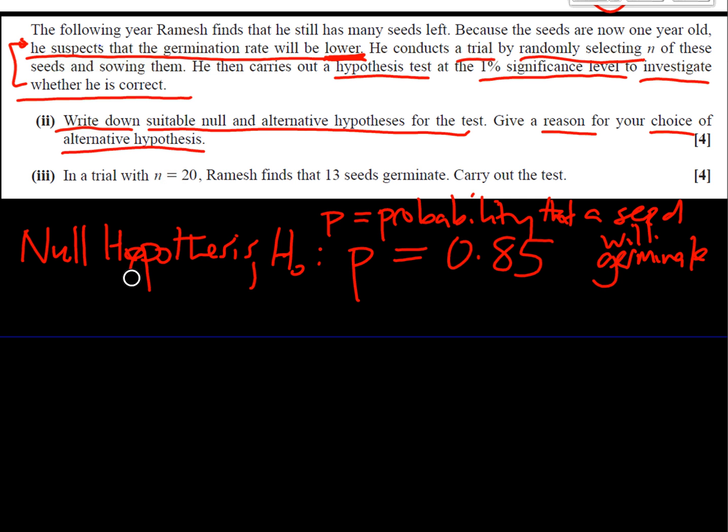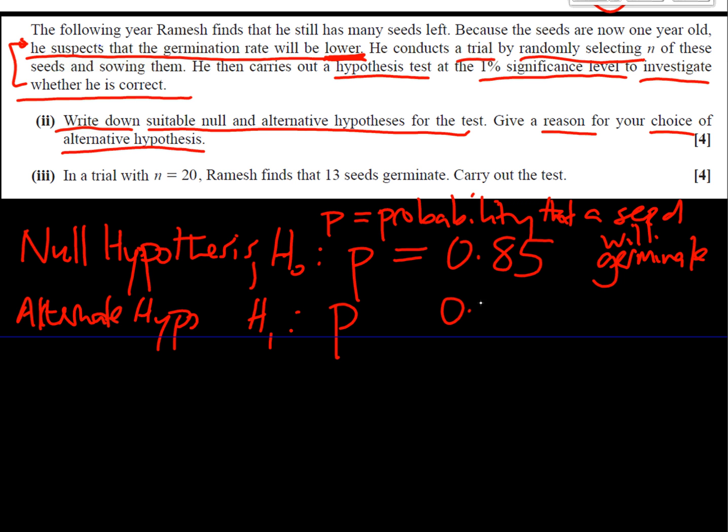Let's try and make that a bit clearer, shall we? We also have to have an alternative hypothesis, and this is about our unknown position. That's H1. And here, our proposal is he suspects the germination rate will be lower.